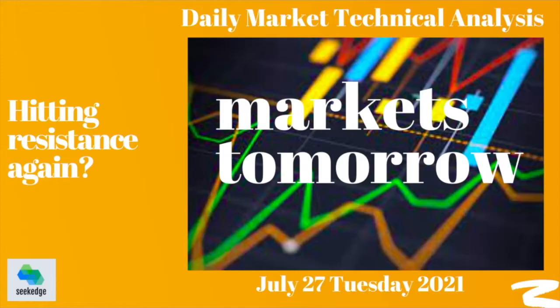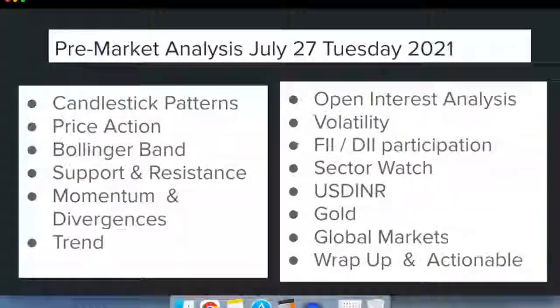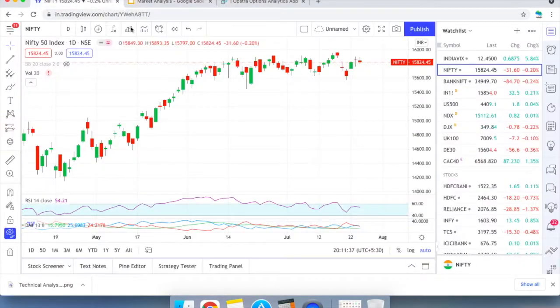As usual, we will be walking through each of these parameters on the charts on the left side, and in addition we'll be looking at the options and futures data, the volatility, the institutional participants and the global cues, and then wrap it up with some actionables, right? So let's get into the charts and see how the day was.